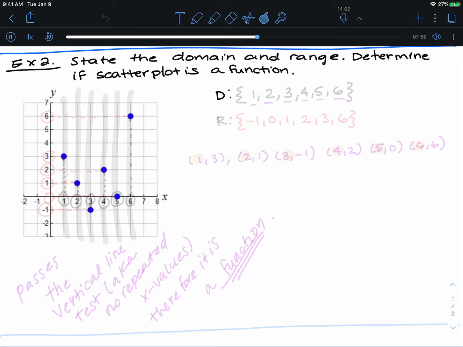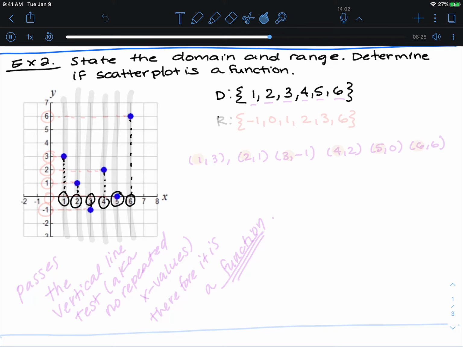I see a bunch of values, so I'm going to have to state it like this. And I'm looking for the X values. So every single one of these dots, I'm going to go to the X. So I have 1, 2, 3, 4, 5, and 6.